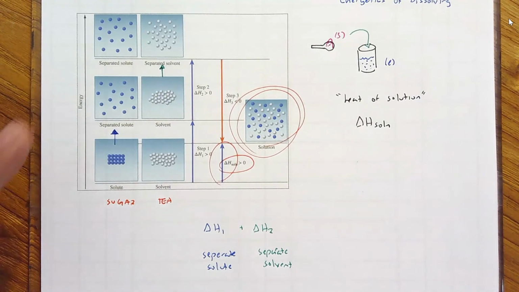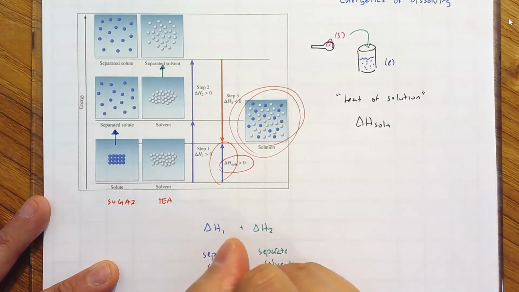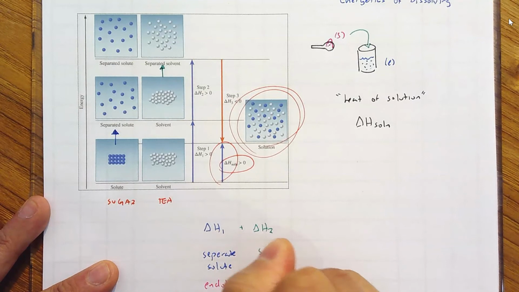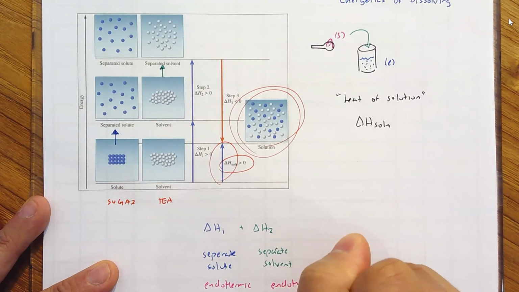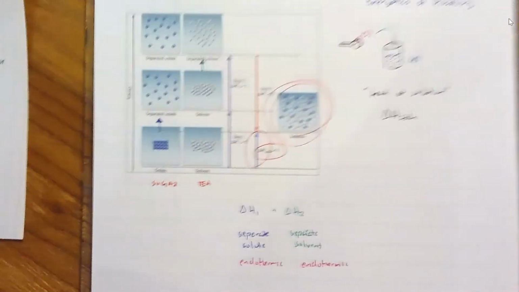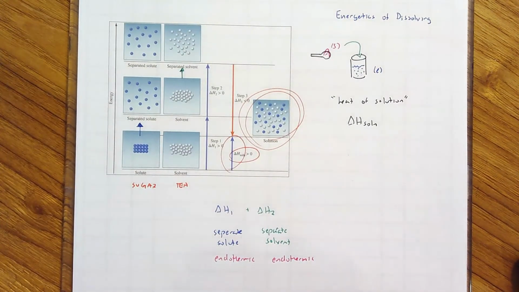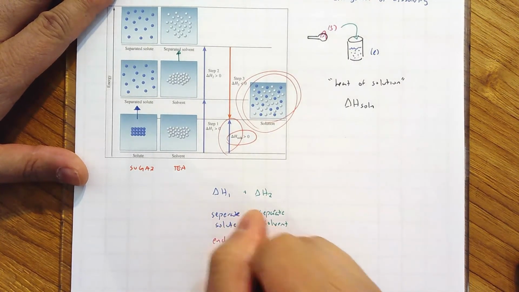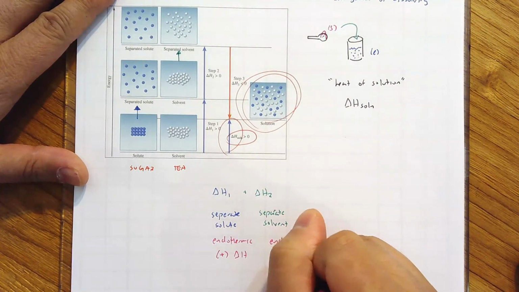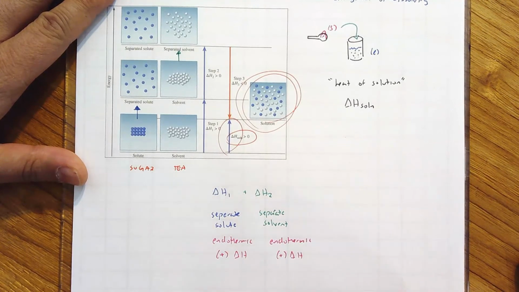So yes, it requires heat. So this is endothermic, and we have an endothermic. So this is positive, right? A positive delta H and a positive delta H.